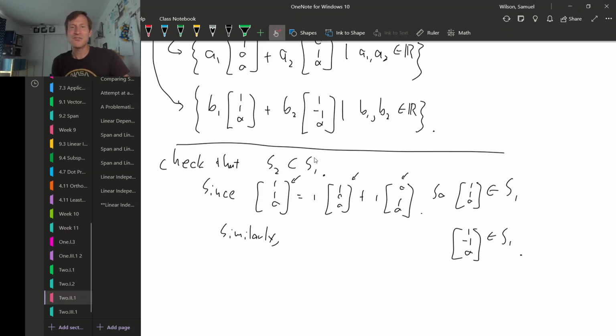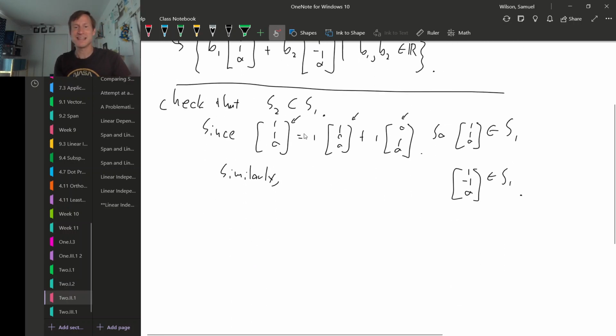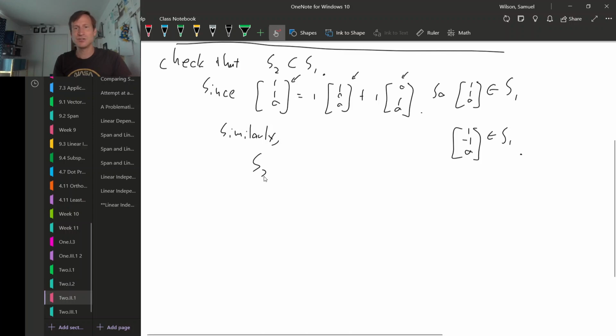Well, if both of these vectors are in this span, then the span of these two vectors also has to be in this span, because S2 is the smallest subspace that contains 1, 1, 0 and 1, minus 1, 0. If S1 also contains these two and is a subspace, then it must contain the smallest subspace. So that means that S1 contains S2.